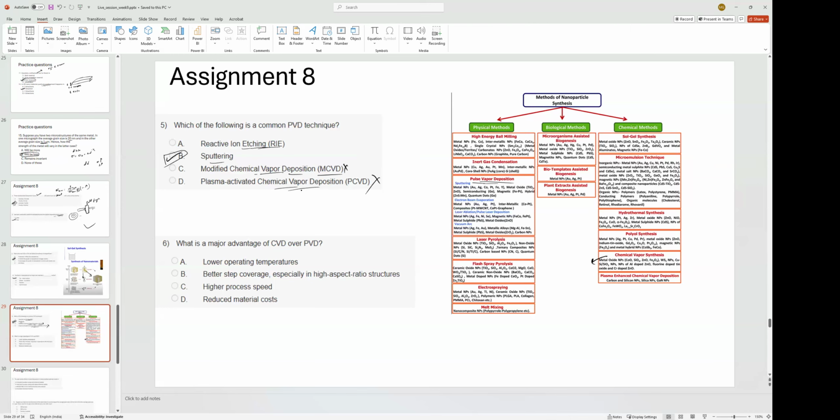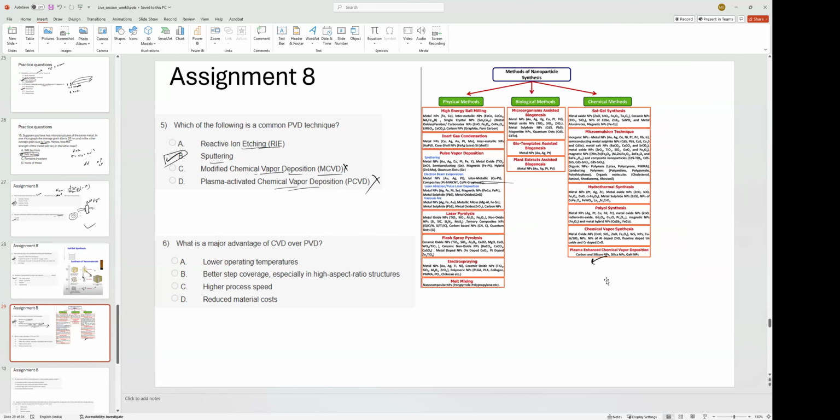What are the major advantages of CVD over PVD? Usually for reactions to take place in CVD, you have higher temperature. Since you are starting with gas molecules, they take some time for the reactions to take place.